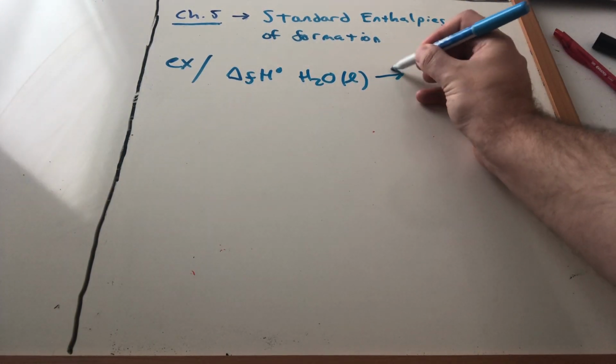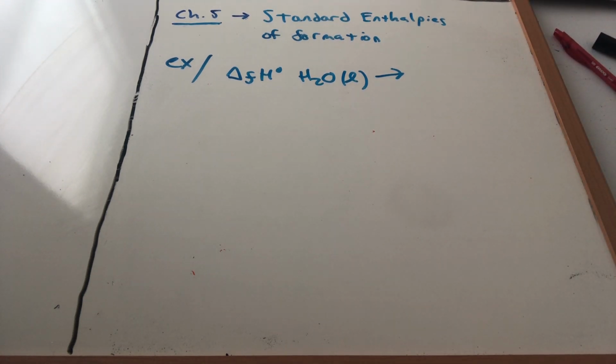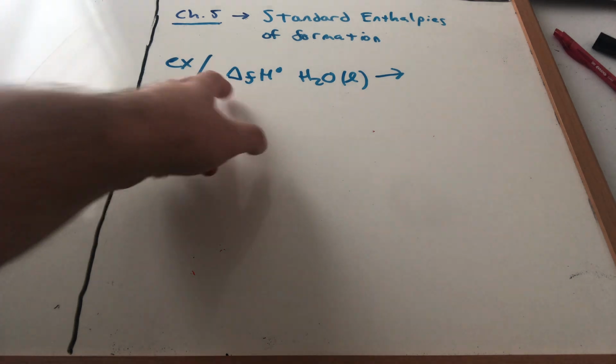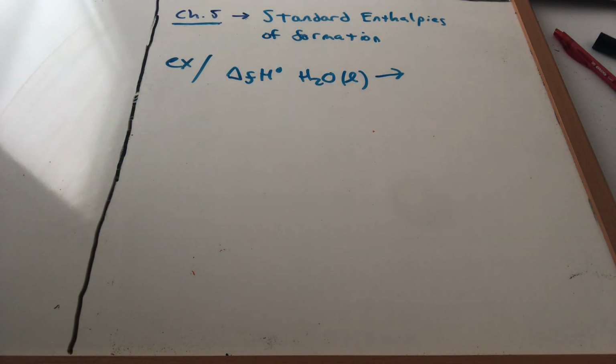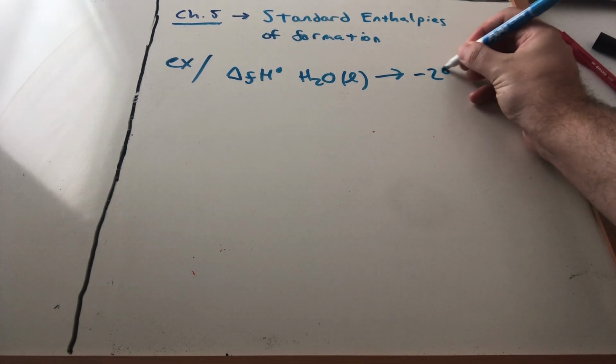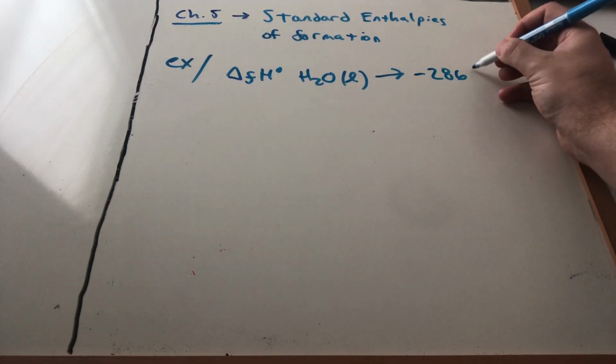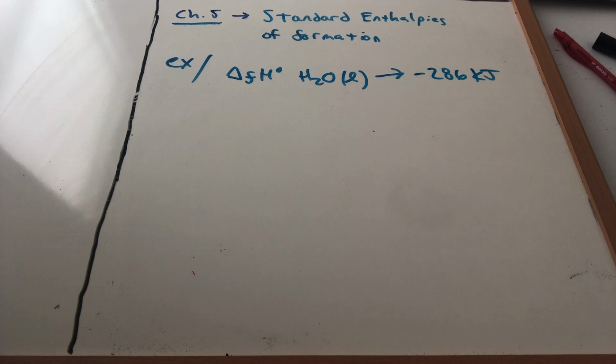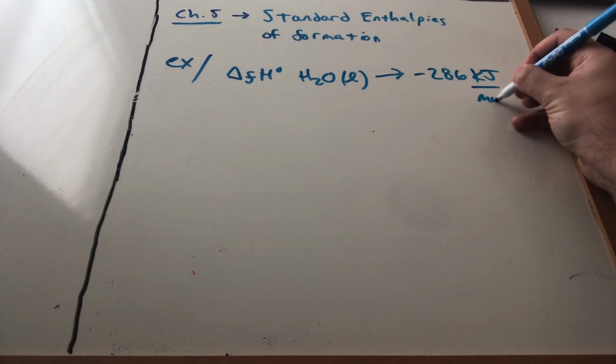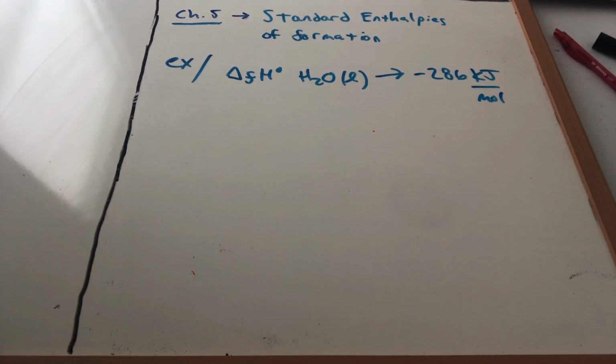When we look it up in the table in the back of your book, in the appendix, or if you were going to use this in a problem in Chem 101, either situation would give you information: 286 kilojoules per mole as the delta formation H naught for water.